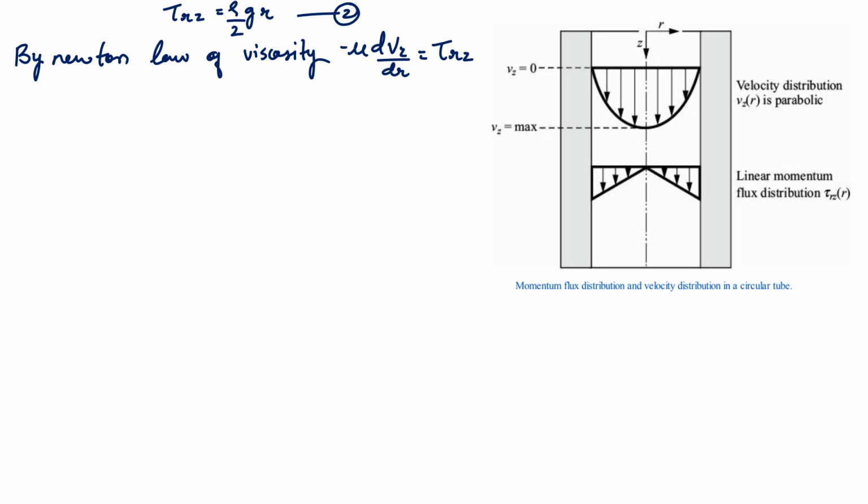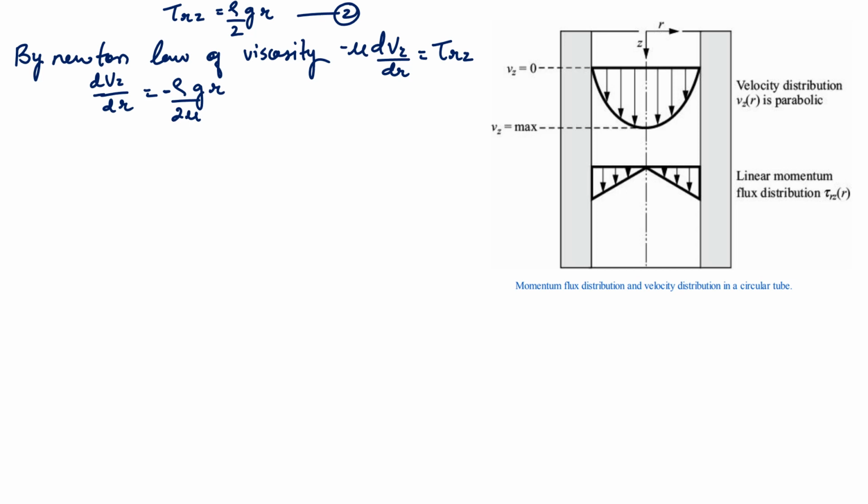Putting this value in equation 2, I get dvz/dr equals rho g r upon 2 mu, with a minus sign, in the negative direction.